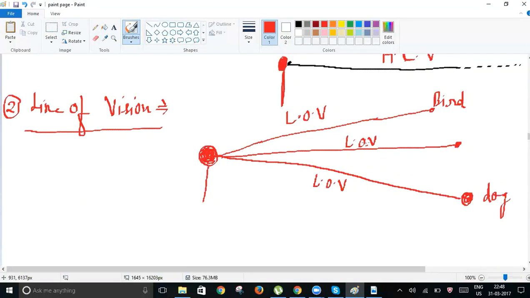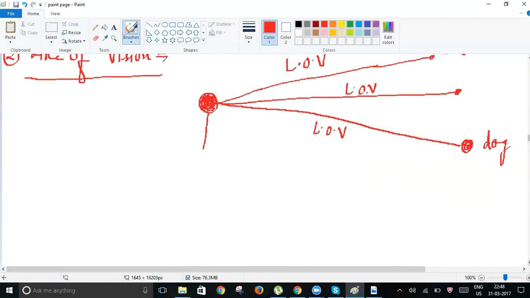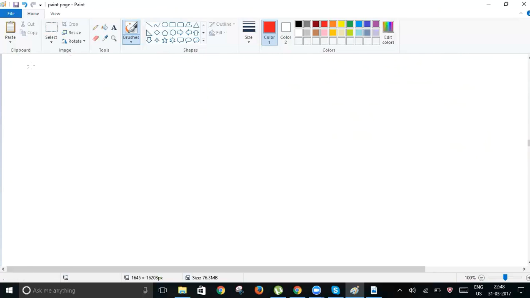You can also call this line of vision. So line of vision can be of three types: above your head, in the line of your head, or below your head. So we are clear with two definitions. First is line of vision and second one is horizontal line of vision. Now we talk about the more important definitions.